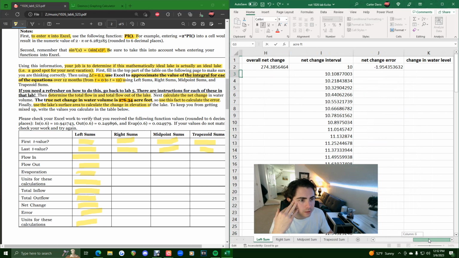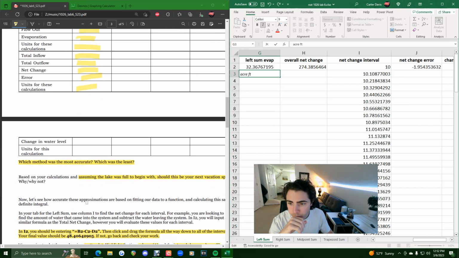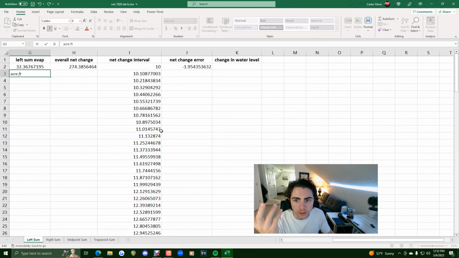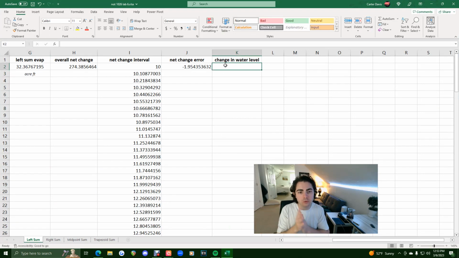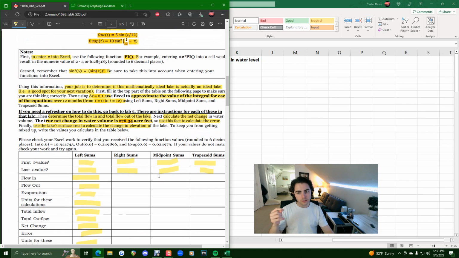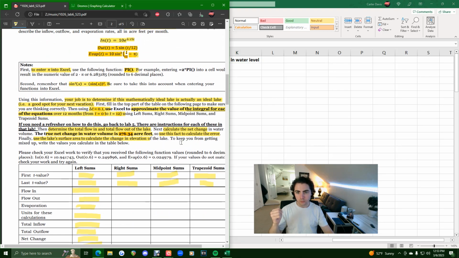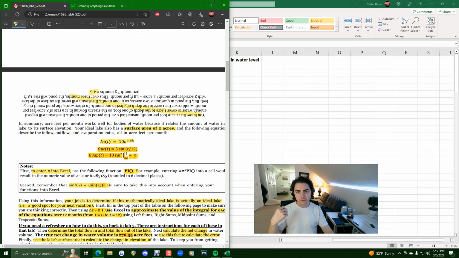Okay, change in water level. Let's go ahead and do that for all of them. Probably could have done it along the way. Change in water level comes from the net change divided by the surface area. The units for the net change are in acre-feet, and the pond still has a surface area of 2 acres.